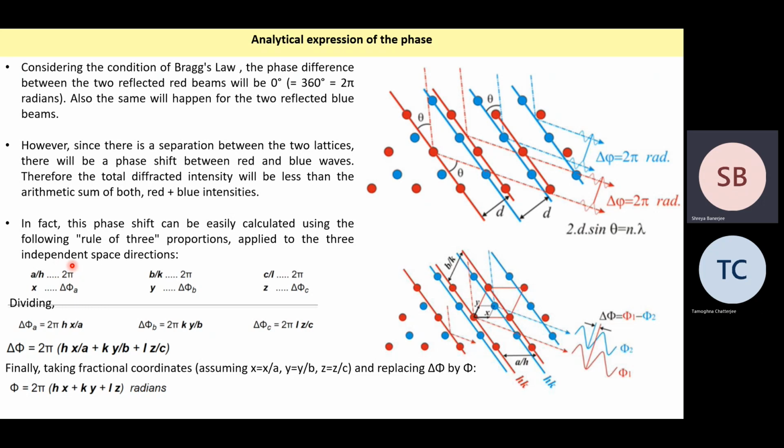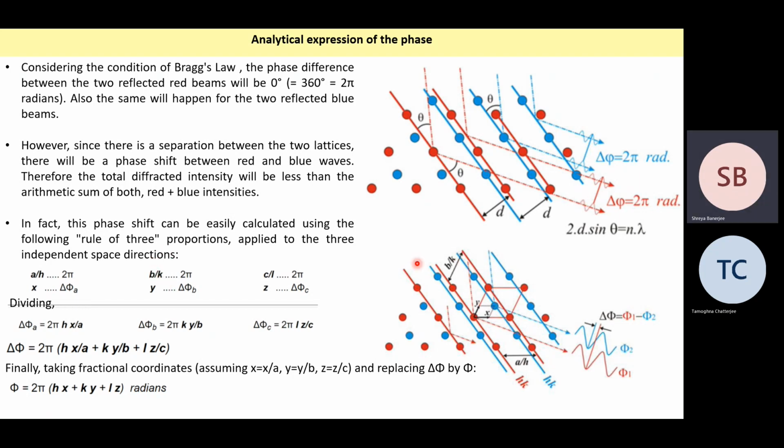How do you arrive at that? If you do a by h, where a is the distance between these planes, a by h is the horizontal difference between your red lines. So a by h corresponds to 2 pi because it has to fulfill Bragg's law.